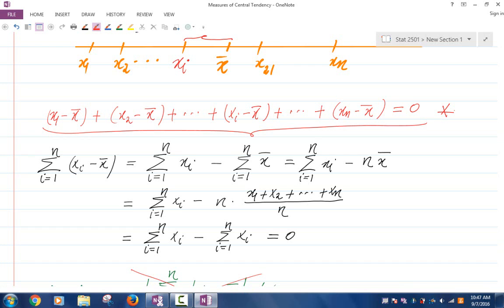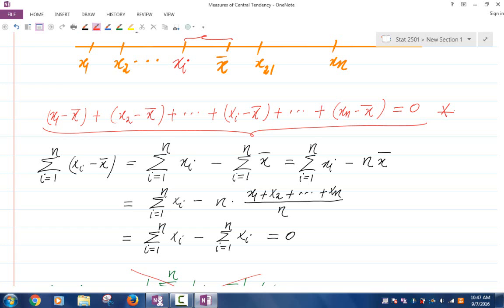So imagine the following. You are picking a sample of size n, picking the observations randomly. Think of x1 as the value of your first observation, x2 is the value of your second observation, x3 is the value of your third observation, and so on.